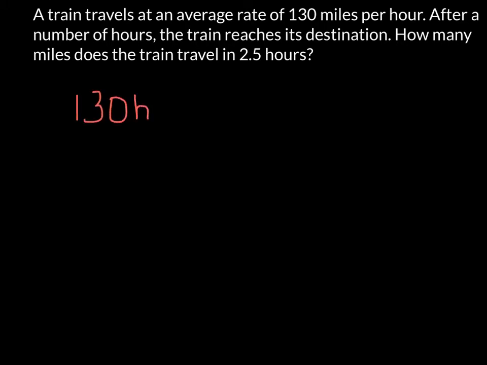And we remember from our last lesson that this is 130 times h. This h is going to represent the number of hours traveled because our question says after a number of hours, and then they're telling us 2.5 hours, so we don't know exactly right now.